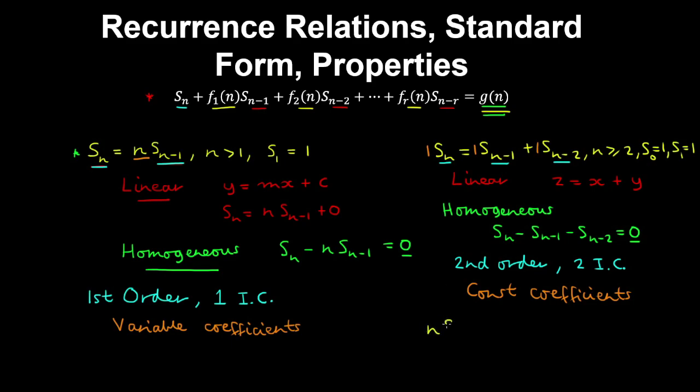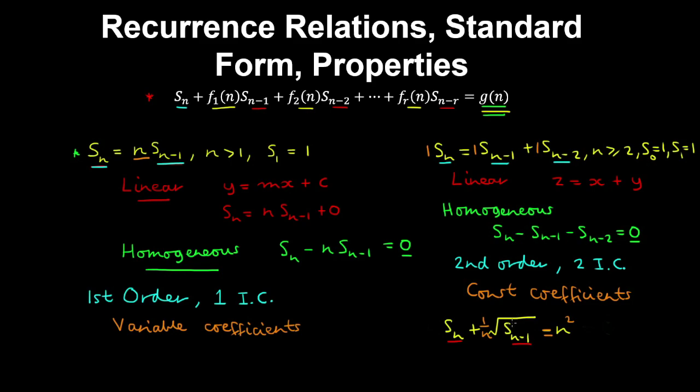And here is an example of another recurrence relation. So first we write it in the standard form by dividing through by n and putting the non-s terms on the right hand side. So as we can see, Sn does not linearly depend on Sn minus 1 because it's in a square root.